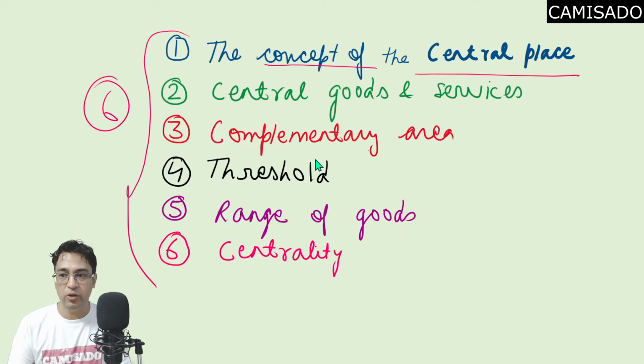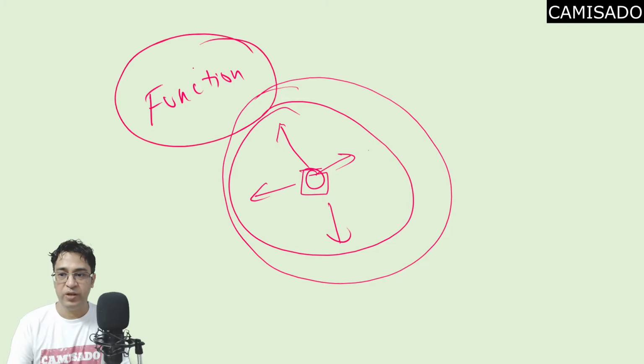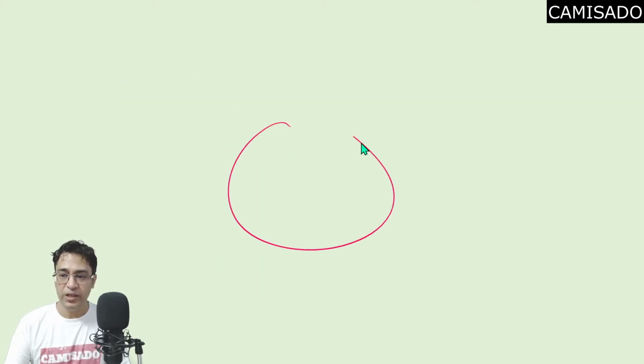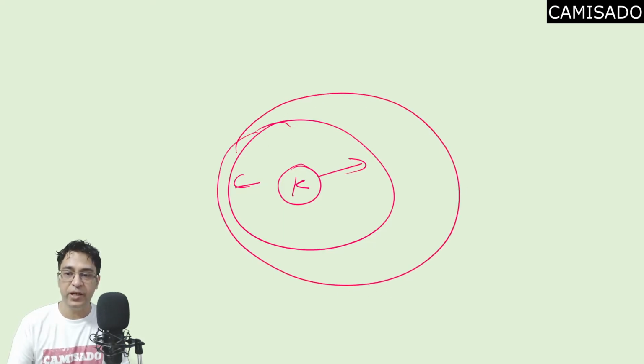And if you look at the second, which is the central goods and services, so this can be seen as synonymous to the functions that a central place provides. For example, if we look at Kota, so Kota can be considered providing central services of engineering coaching to all the places in its hinterland.